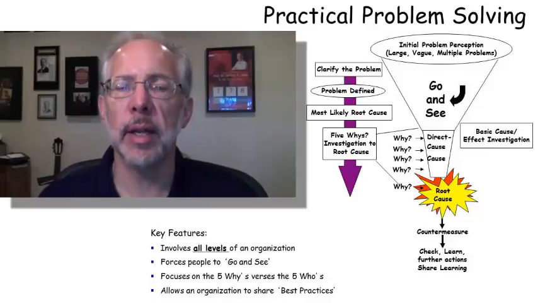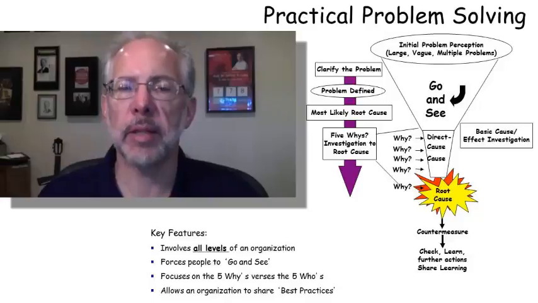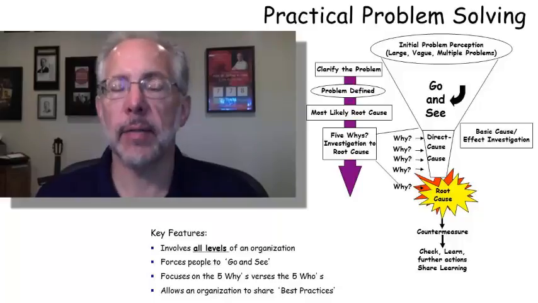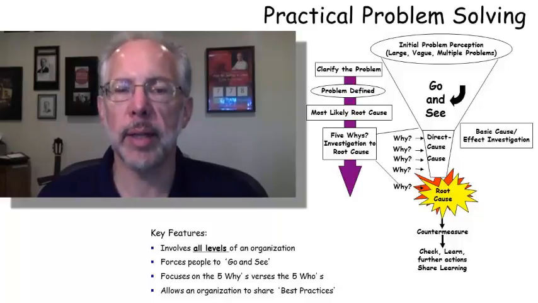And again, the root cause is your best bet based on the data you have and your analysis and investigation. You're not certain that that's the root cause. But based on that root cause, you're going to identify some kind of countermeasures, try something, and then you're going to check, learn, take further actions, share learning.